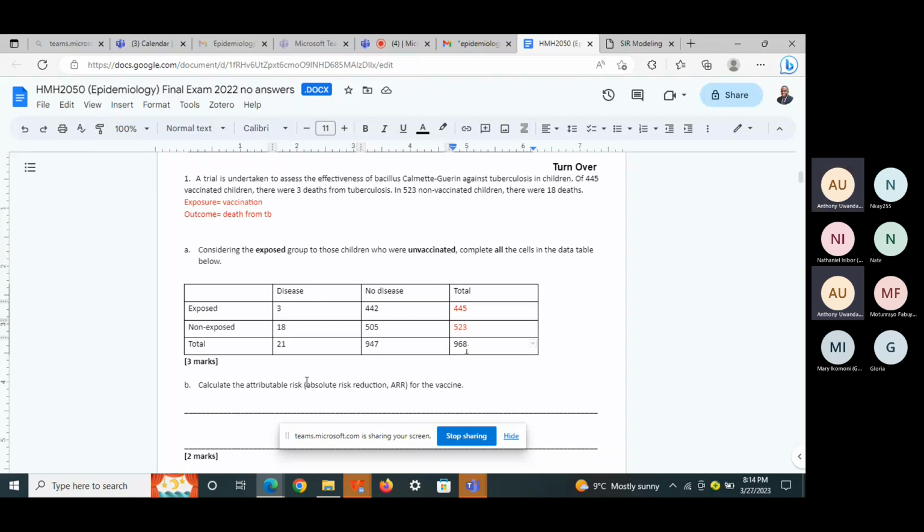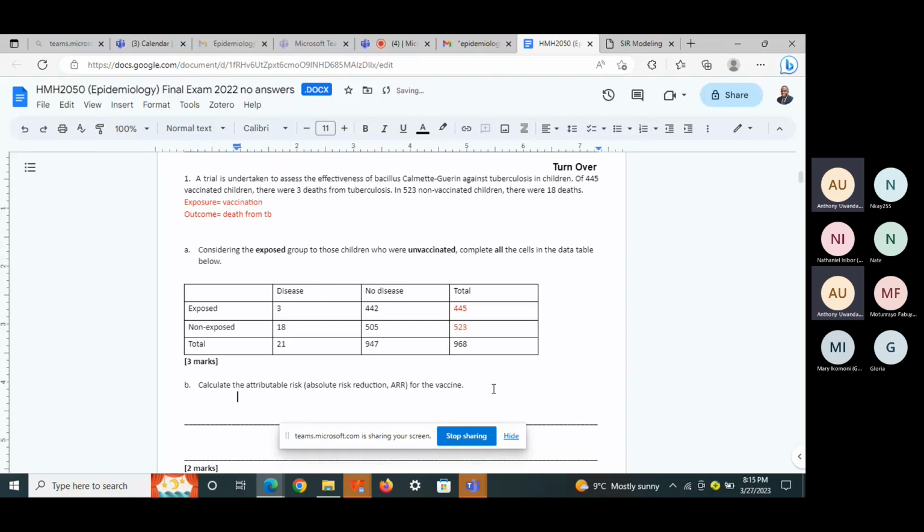Now it says calculate the attributable risk for the vaccine. Remember, we said that the exposure is vaccination. So the same way of calculating incidence rate is also the same way of calculating attributable risk. So the answer to our attributable risk here will be the incidence among the exposed, that is 3 divided by the total at risk, which is 445.